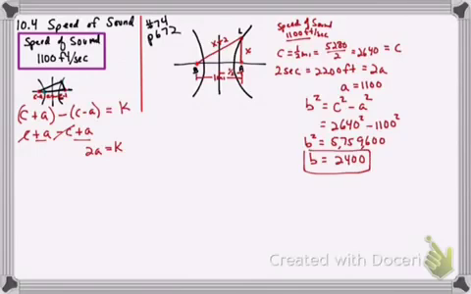So here's my B, here's my A, and I'm going to set up my equation. I know that the transverse is the x-axis, so I'm going to put that in first. My A, I just found out was 1100 squared, and my B is going to be the 2400 squared. We want to find out where this lightning is striking, or how far it is from person A. So person A is standing at the 2640 mark, basically.